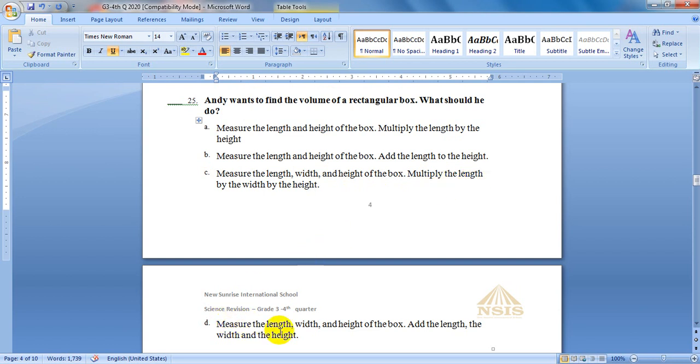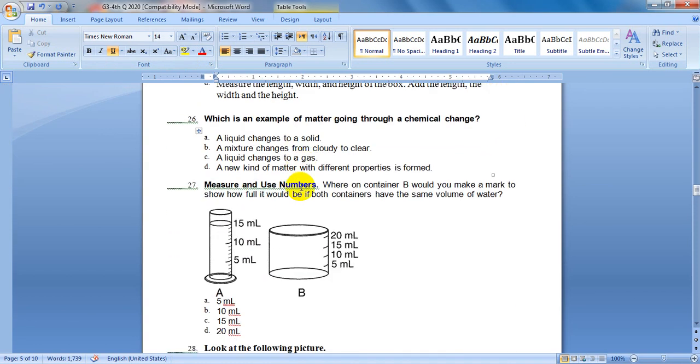Or measure the length, width, and height of the box, add the length, the height, and the width. What should he do? He should do as letter C says. Measure the length, width, and height, multiply the length by the width by the height. As we said, L times W times H equals the volume.